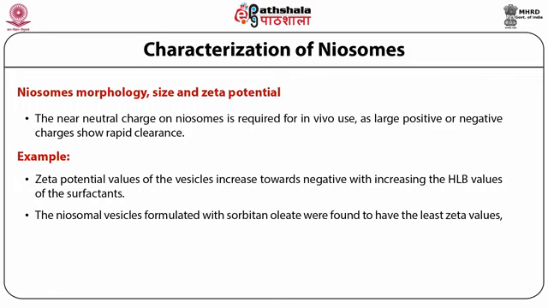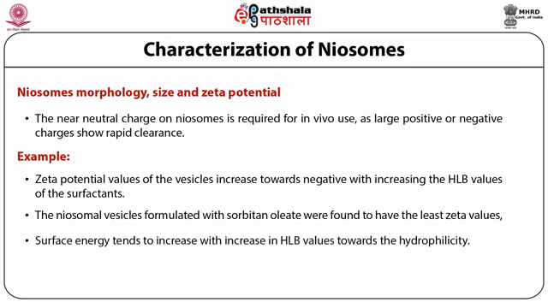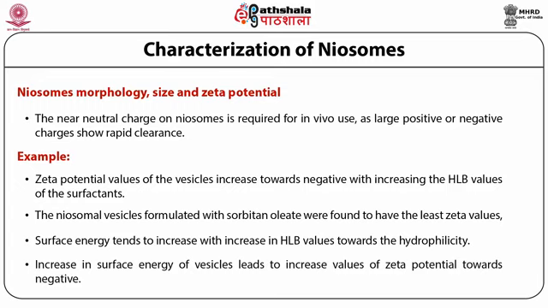In another example, the surface energy was observed and it indicated that the energy tends to increase with increase in HLB values towards the hydrophilicity. Also, increase in the surface energy of vesicles leads to increased values of zeta potential towards negative.